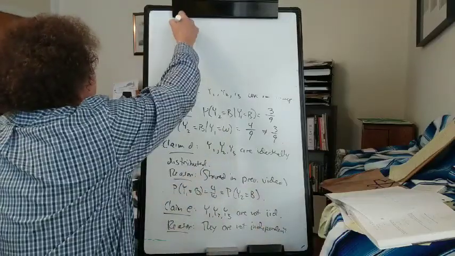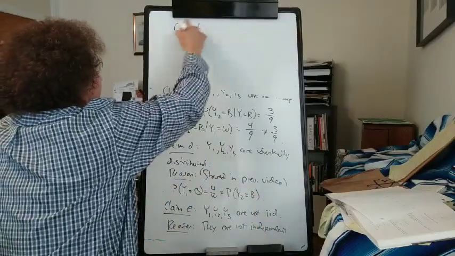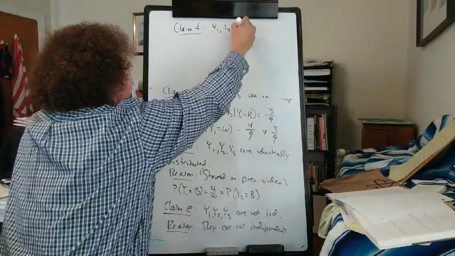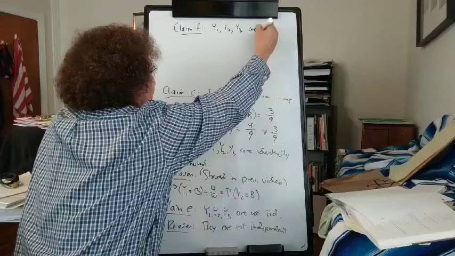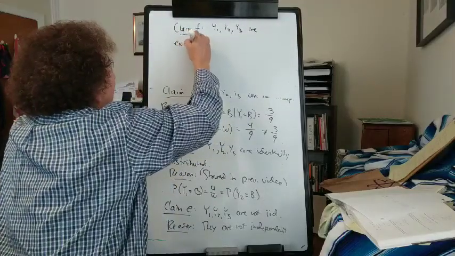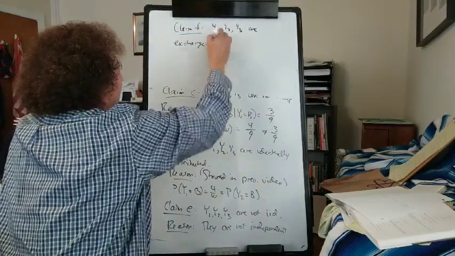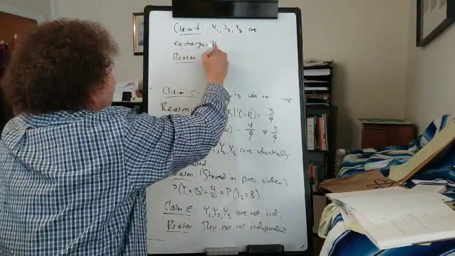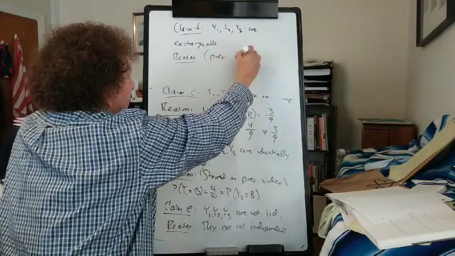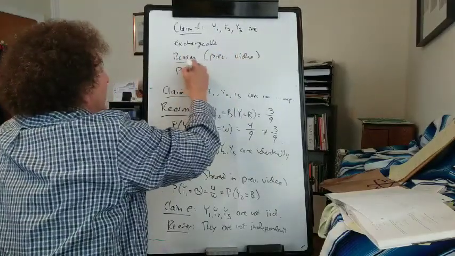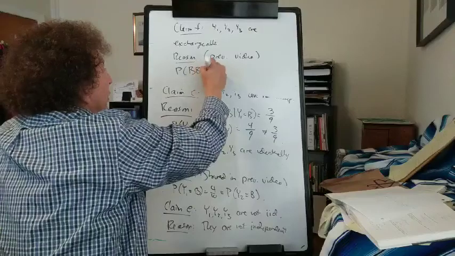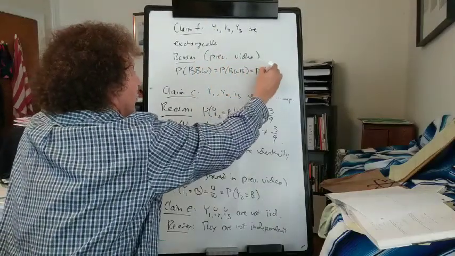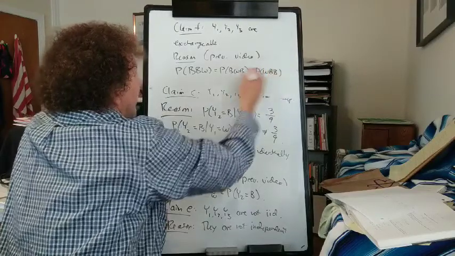And just to remind you, we showed earlier that y1, y2, and y3 are exchangeable. And the reason from the previous video is that the probability of blue, blue, white, probability of blue, white, blue, and probability of white, blue, blue are all the same.